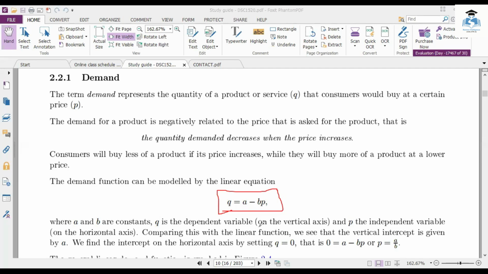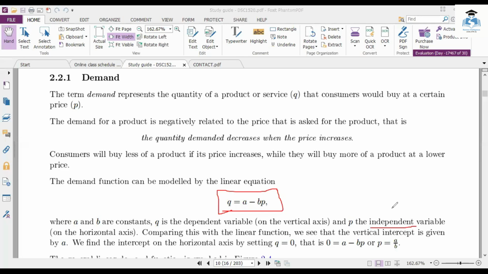Can somebody explain what we mean by a dependent variable? Depending on something, it's reliant on something, I guess. And an independent variable is independent of whether anything is changing.